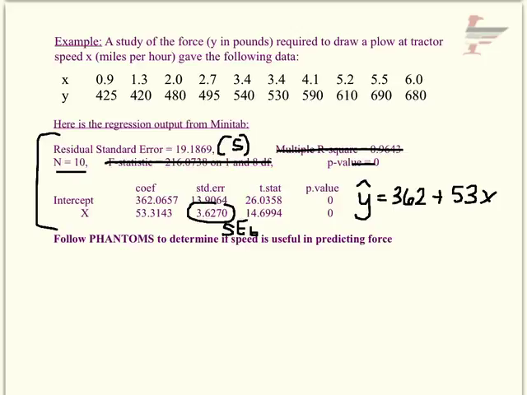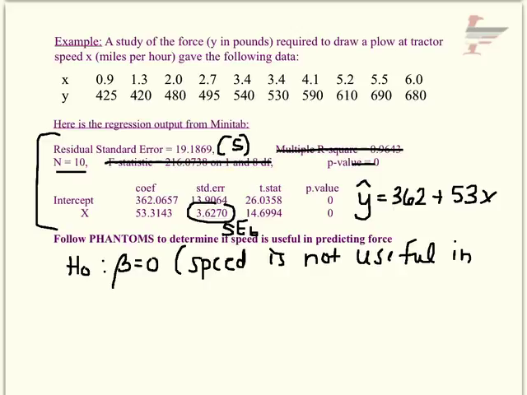If it's useful in predicting, then there should be some sort of linear relationship. So my first step is to write my hypotheses. The null states beta equals 0, implying that speed is not useful in predicting force, because there's no slope, or there's no correlation, or no linear relationship.